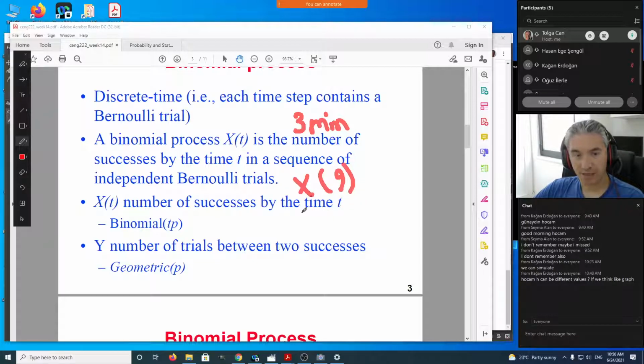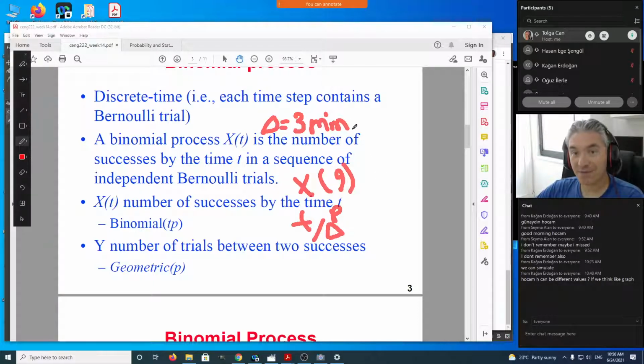We need to be careful here. The X9 here is not equal to 9 times p, because in 9 minutes we don't do 9 trials. If t is given to you like this, you need your delta time. This delta is sometimes called the frame length. Each frame is 3 minutes long, and in every frame you are doing some trial. In that case, your binomial variable should be binomial(t divided by delta, p), because in 9 minutes we don't do 9 trials.